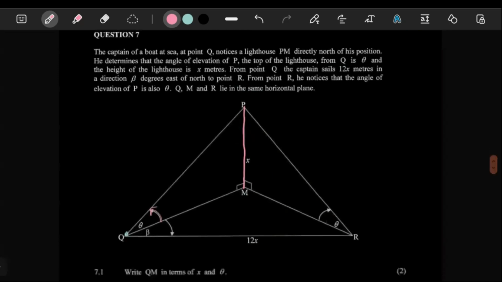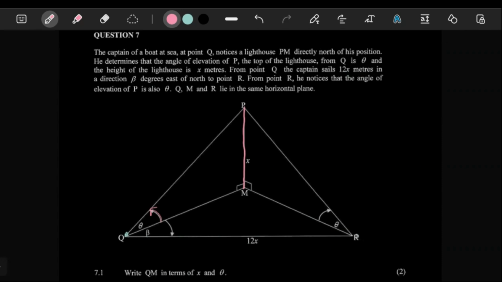Remember, this is a 3D image. But let's carry on reading. It says here, and the height of the lighthouse is X meters. And then, from point Q, the captain sails 12x meters in the direction beta degrees east of north to point R. So this captain is sailing towards the lighthouse, but then he changes his trajectory.